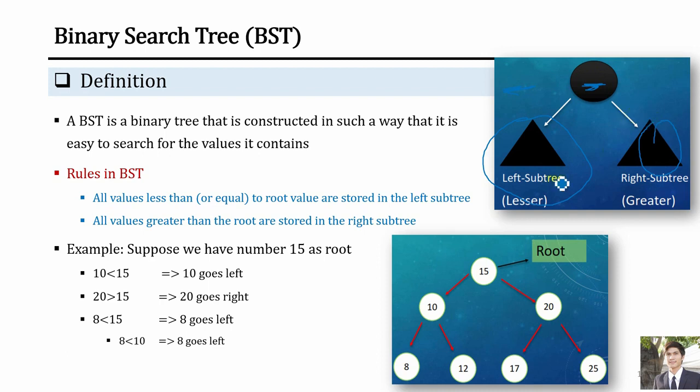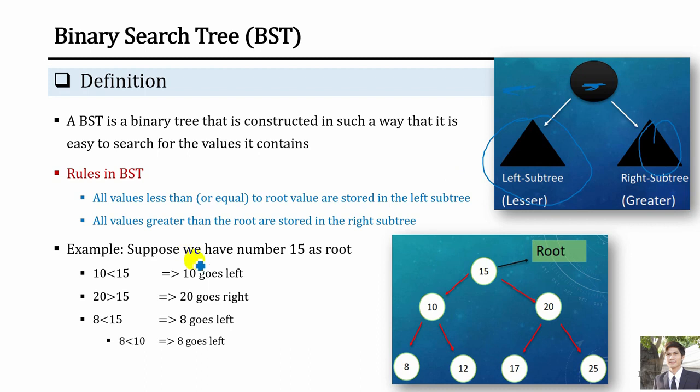Okay, that is the rule that we apply in a binary search tree, and because of this rule, we can search our data very fast. Every time we access our data, we decide whether we go left or we go right. By using recursion, we can find our data very fast.